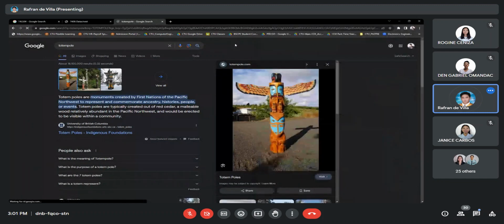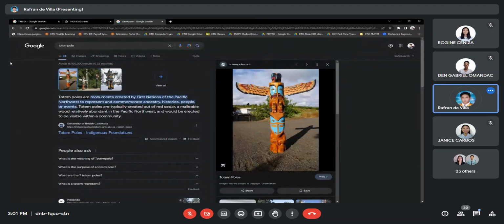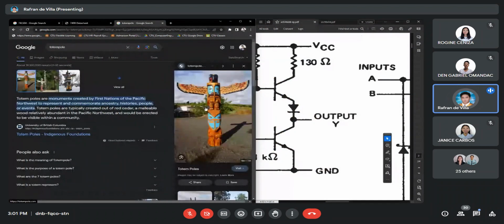If we relate it to the Native American totem pole, it looks like a totem pole because the components are stacked on top of each other, like the different characters stacked there: eagle, roots, or animals. As you can see here, there is a resistor, a transistor, a diode, and a transistor.